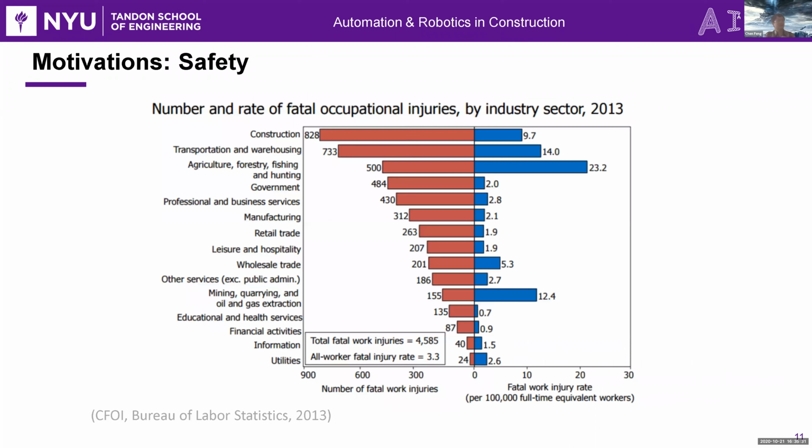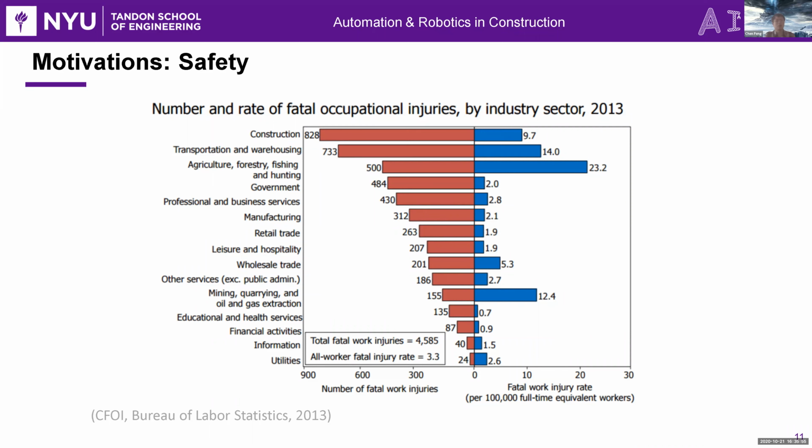And actually, if you look at the table, safety in construction has been and still is a big issue in this industry. Construction suffers from the largest number of occupational fatalities compared to all other industries, right?